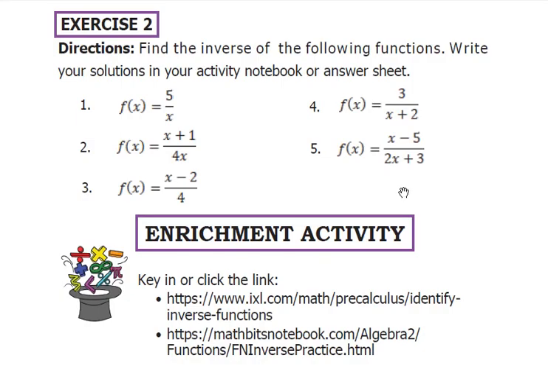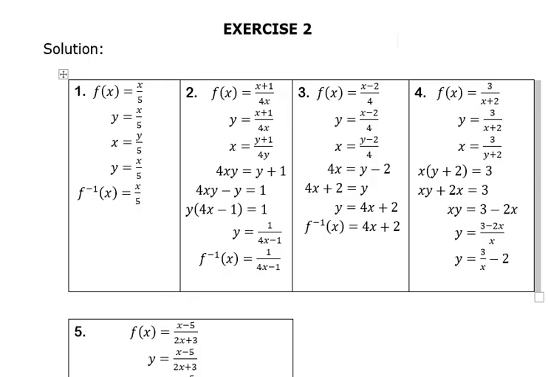Moving on to number 4. We have f of x equals 3 over x plus 2. Rewriting, y equals 3 over x plus 2. Interchanging x and y, we have x equals 3 over y plus 2. Then cross multiplying, we have x times the quantity y plus 2 equals 3.